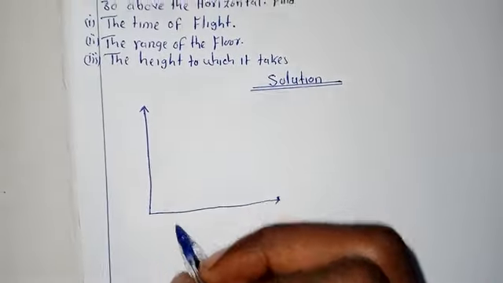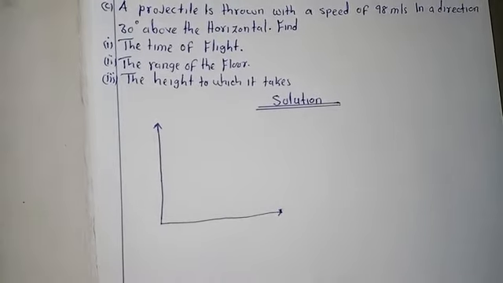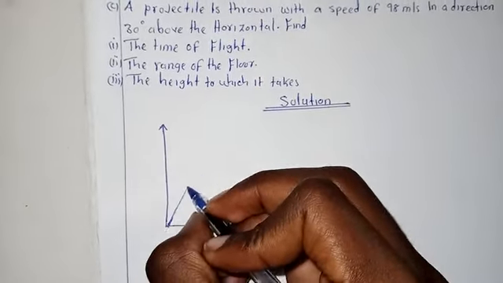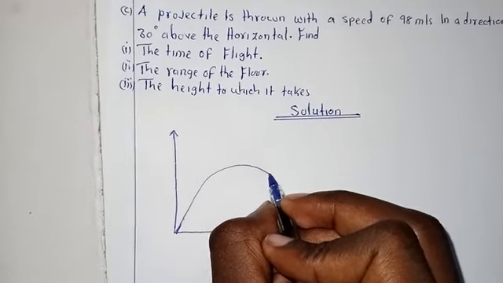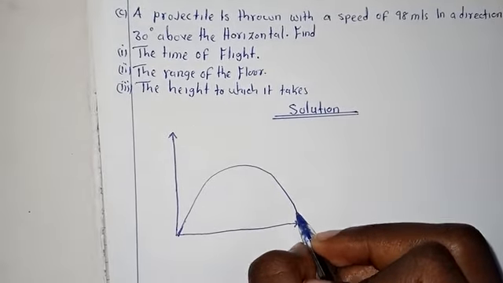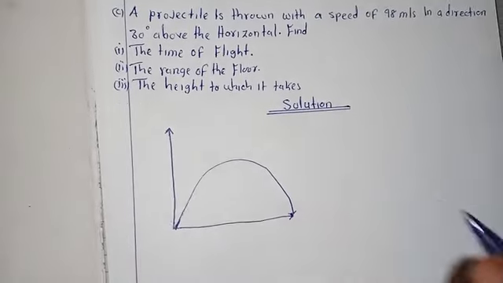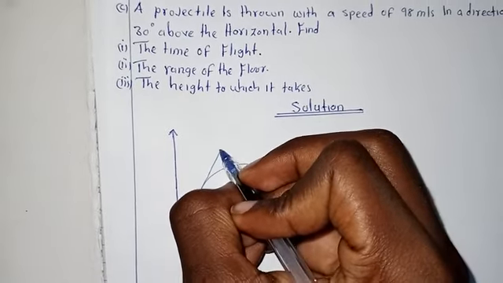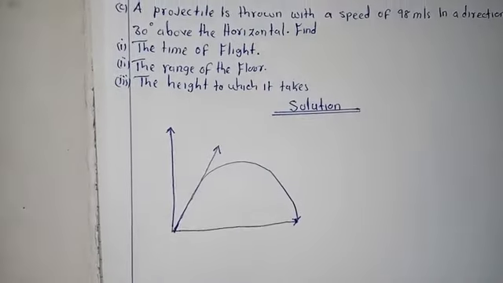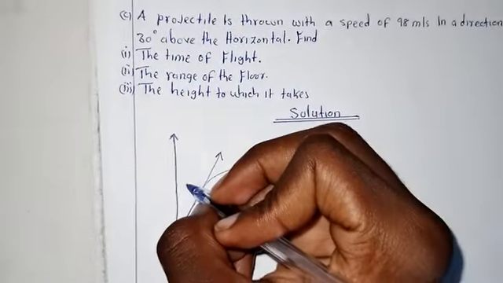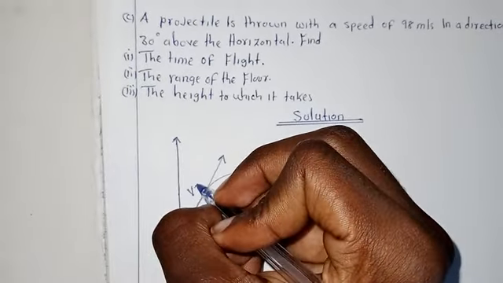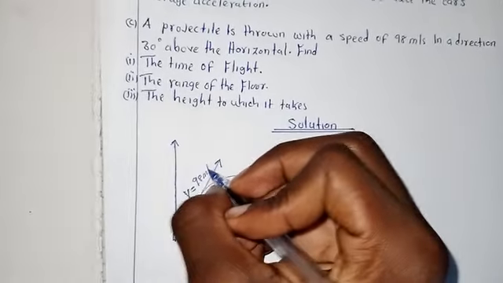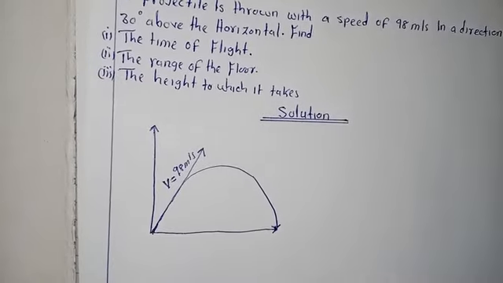So they are saying that a projectile is thrown with a speed of 98 meters per second. So this is the motion of the projectile when it was thrown. It moved like this, then it dropped to this point. Then we have been told that it took this motion with a speed of 98. So we can simply say that the velocity, which happens to be the speed, is going to be 98 meters per second, like this.